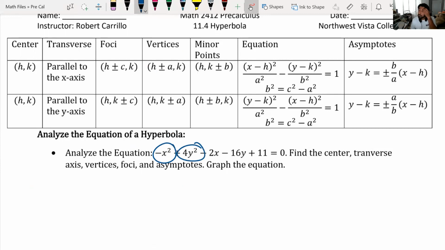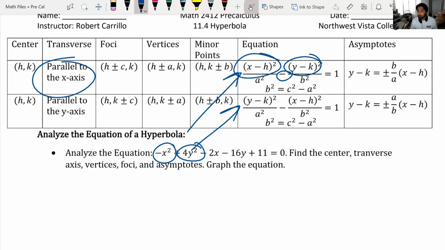Now compare that to the equations above. Look how they lead off. You know you're going to be parallel to the x-axis if your x's are positive and your y's are negative. And you'll be parallel to the y-axis if your y's start out positive and your x's are negative. So when rearranging, the big giveaway is which squared term is negative.